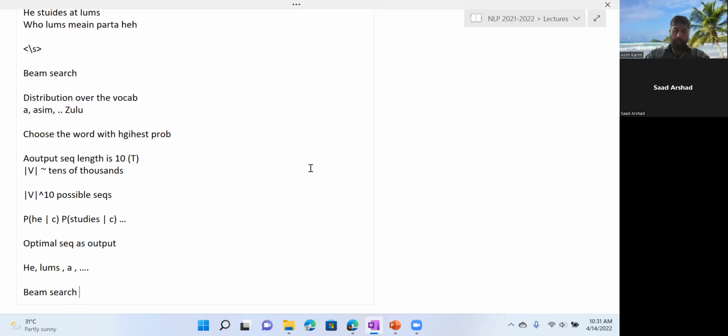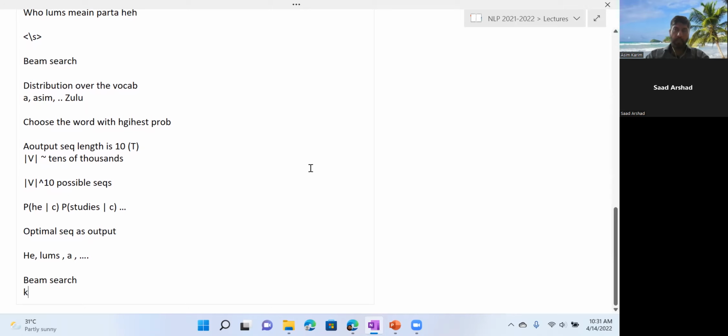So beam search has a parameter, you can call it K, which is the beam width कह लें इसको, and this k, which is usually a number between 2 and 10 in practice. Okay. So in this case, instead of considering only one output at any time step, you consider k outputs at every time step, the top k outputs at every time step.